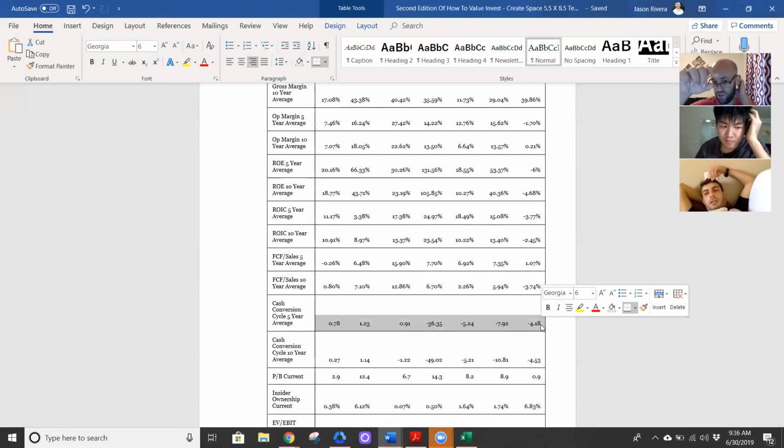So essentially this is how long it takes you to sell your inventory to customers, how long it takes to receive payments from those customers, and then how long it takes to buy inventory with that cash you got from your customers to turn it into more inventory, and then you complete the cycle. Typically, the lower this is, the better. Do you know what it means when it's negative? That you can't convert in cash?